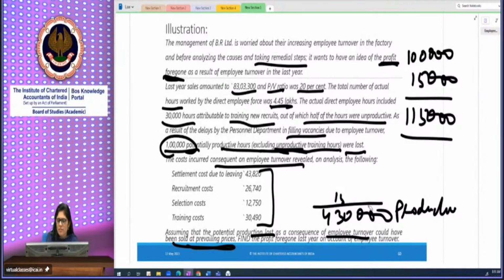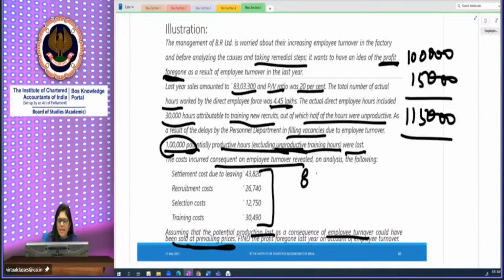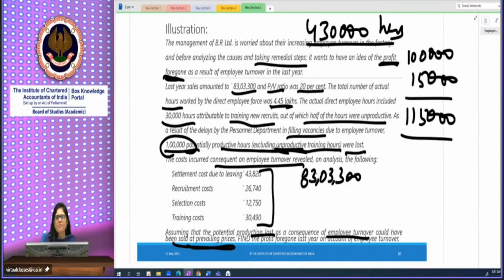I'm just writing it over here. That means 83,03,300 sales are due to 4 lakh 30,000 productive hours. So this sales is due to 4 lakh 30,000 hours.